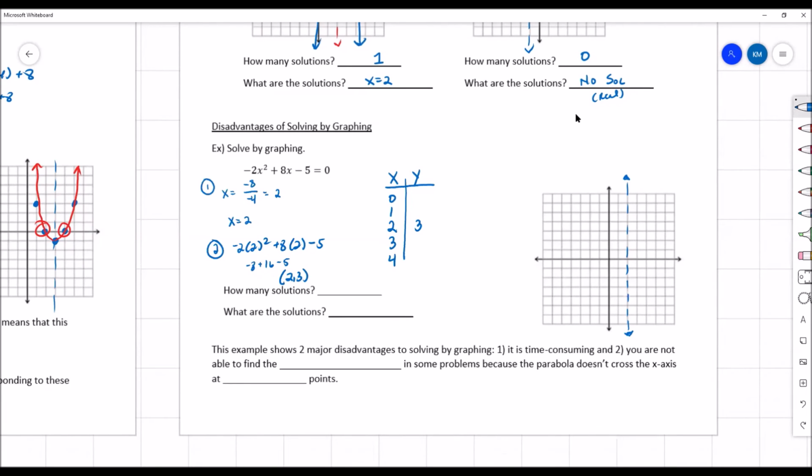Okay, plug those values in. So 0, -5. All right, that should be easy. I'll do that with numbers. -2 times 1 plus 8 times 1 minus 5. And that gives me -2 plus 8 minus 5. And that is 6 minus 5 is 1.